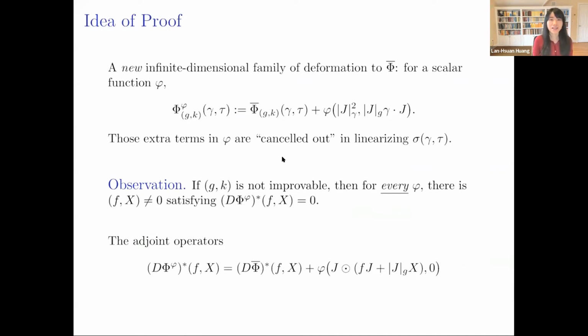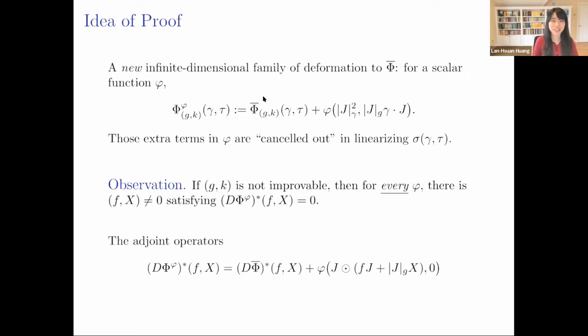It turns out this particular modifier operator is actually just one of an infinite dimensional family of modifier operators which make things work. So to see that, we find out we can use any scalar function phi to further modify the modifier operator.